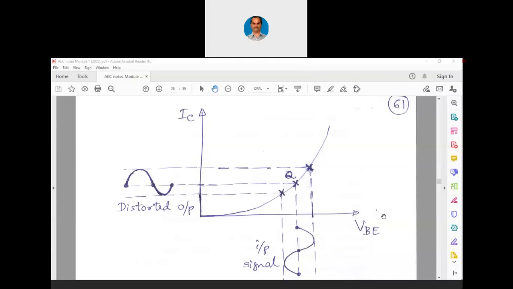Simulation means there is no real component available, or there is no real circuit either. We simply connect symbols using PSpice or OrCAD or any such EDA software.